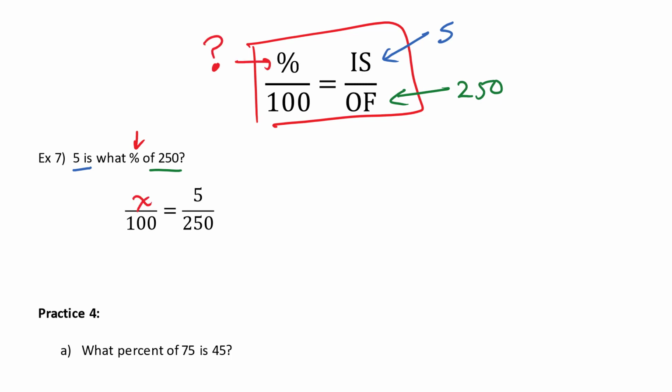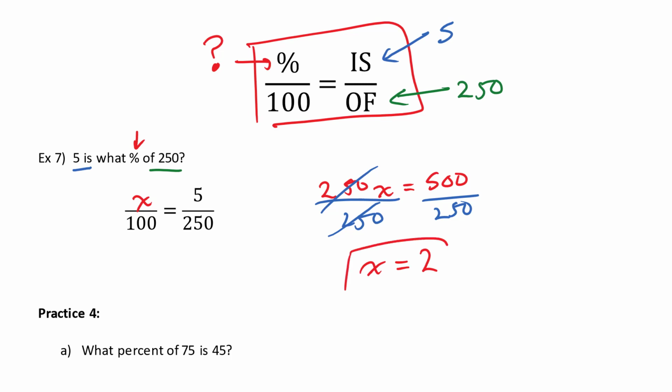So that's going to be my unknown. Cross multiply and divide both sides by 250 to isolate the x on its own. We can check that. I can plug 5 divided by 250 in my calculator, and I get 0.02, which means 2%.